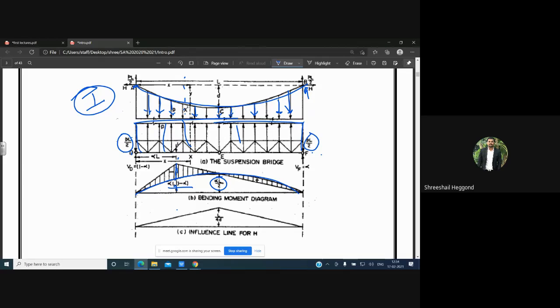And once the diagram is drawn, then you can go ahead for the influence line diagram. The influence line diagram is nothing but the imaginary diagram which is drawn for the movement of the loads from one end to another end.